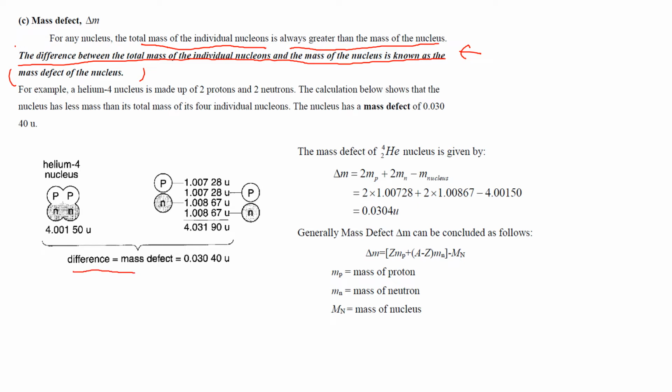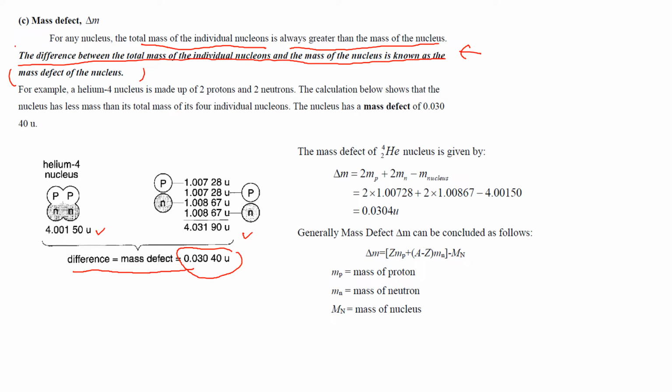The difference between the total mass of the individual nucleons and the mass of the nucleus is equal to the mass defect, 0.03040 U. The mass defect of the helium-4 nucleus is given by this calculation.